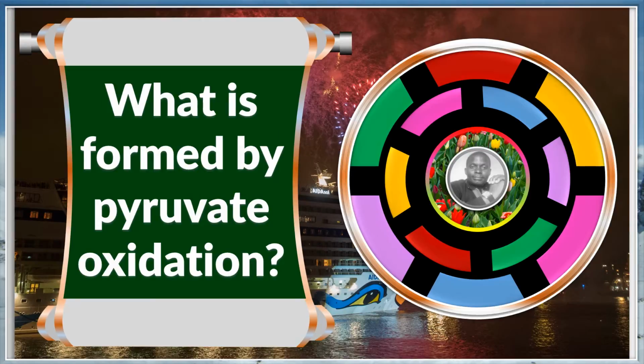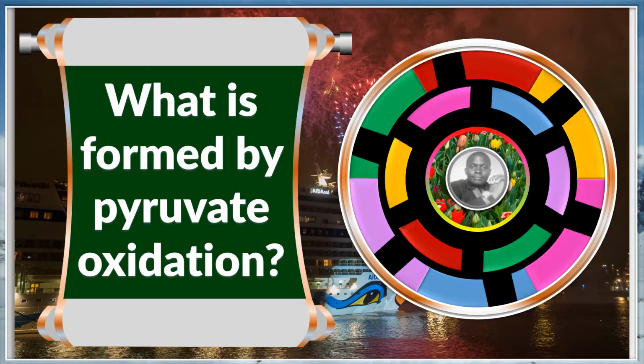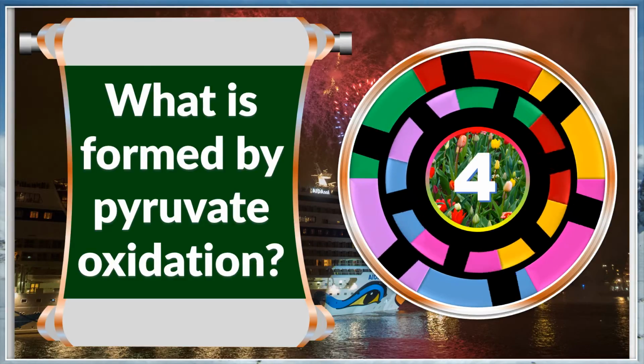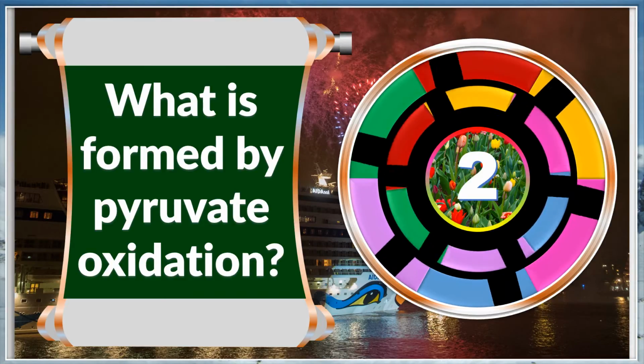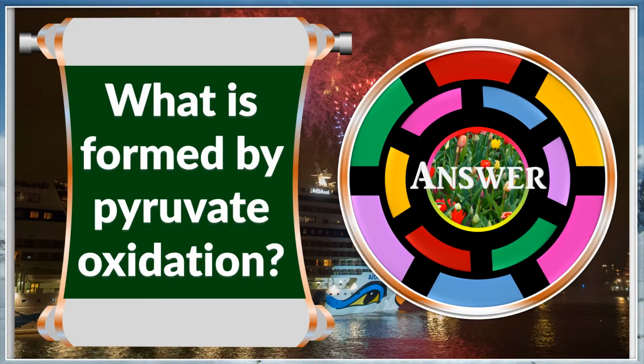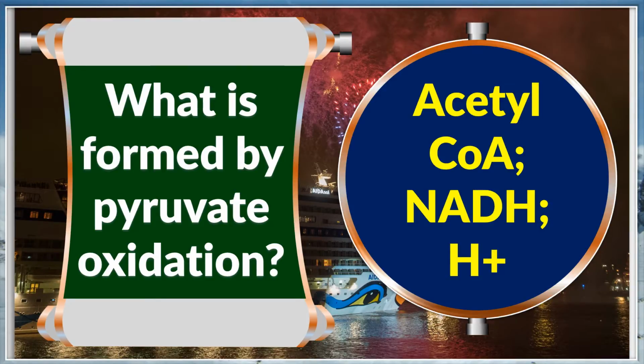What is formed by pyruvate oxidation? Acetyl-CoA, NADH, and hydrogen ions.